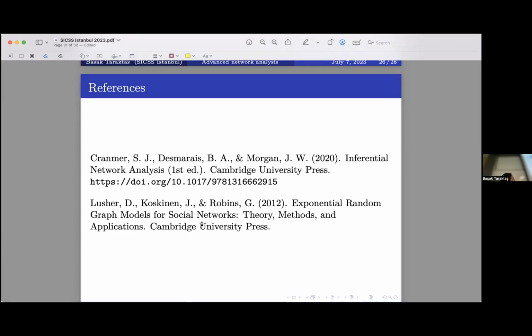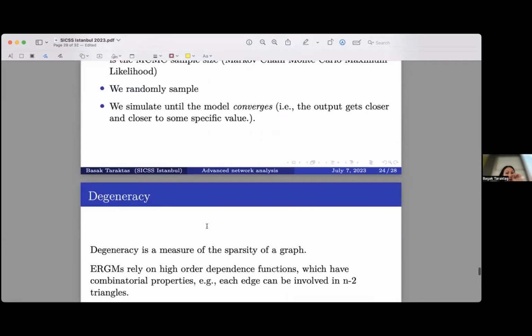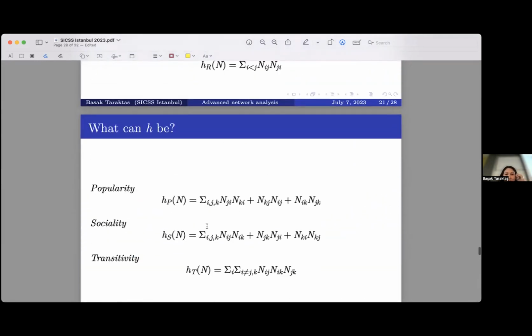This one is also like this, and it doesn't only talk about applications in political science. It gives you several examples from sociology and other fields. So these books are very handy, and I'll be sharing my slides with you.